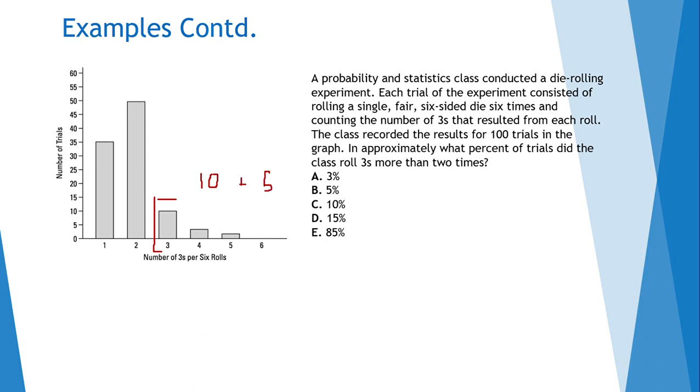I'd guesstimate this. So what I see in these answer choices, definitely not going to be A, B, or C, because we already have 10% here. It can't be 3, it can't be 5, it can't be less than 10%. And 4 and 5 do have some trials, so it can't be exactly 10%. Also, 85%, that's way above 10.